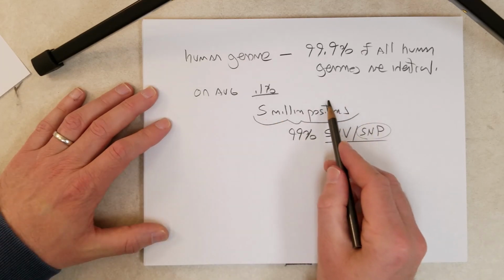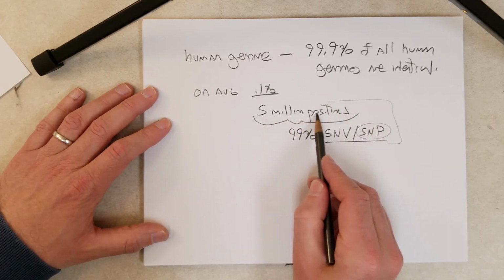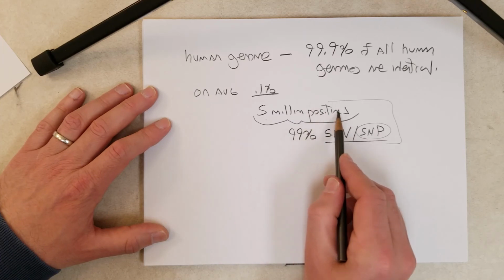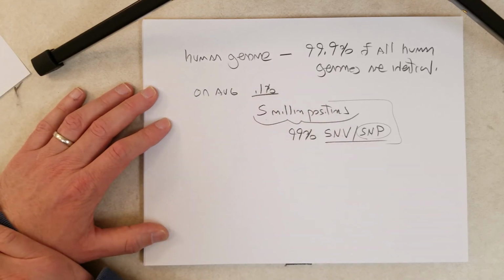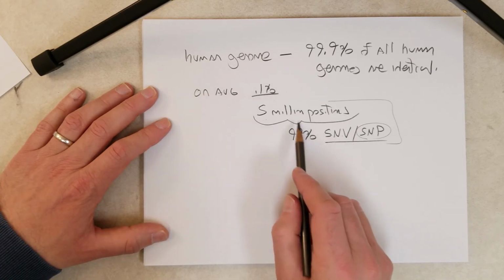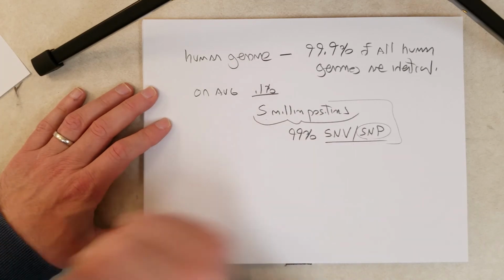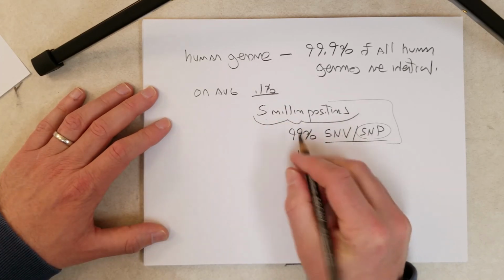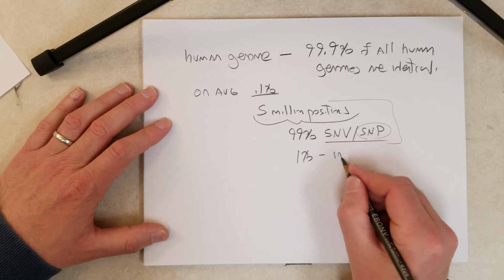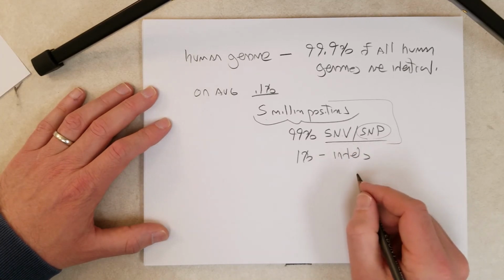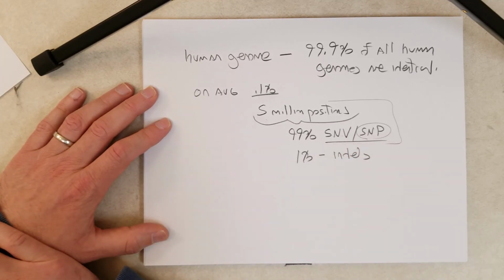I can phrase this another way. 5 million positions of the average human are different from the sequence in the human reference genome. And 99% of those 5 million positions are different by one nucleotide position. 1% of the 5 million are what we call indels, which is small insertions or deletions.